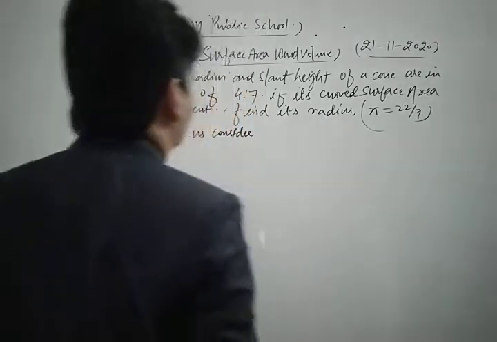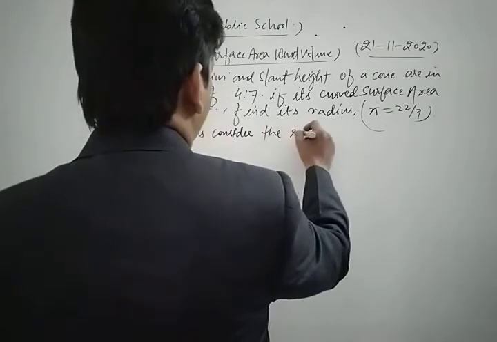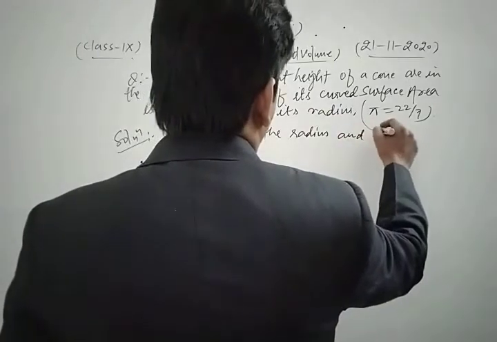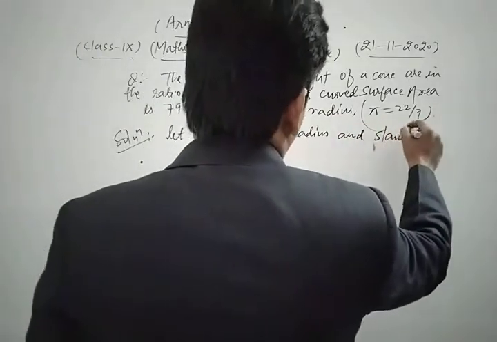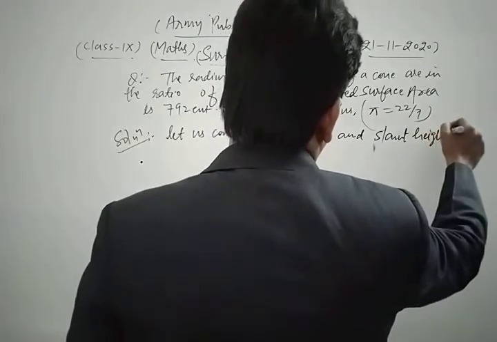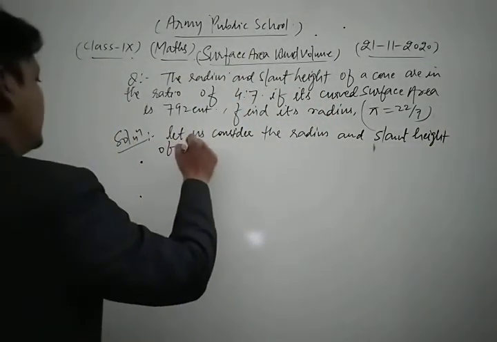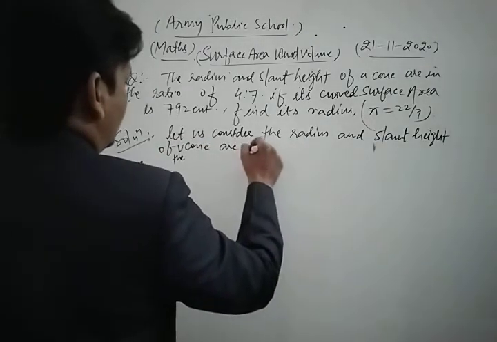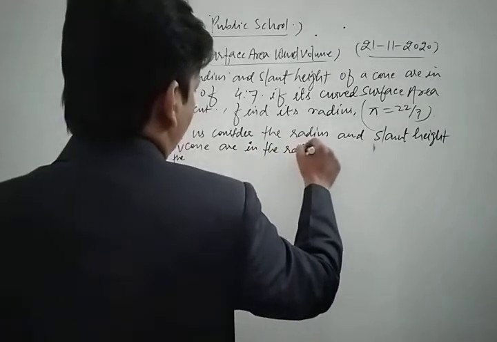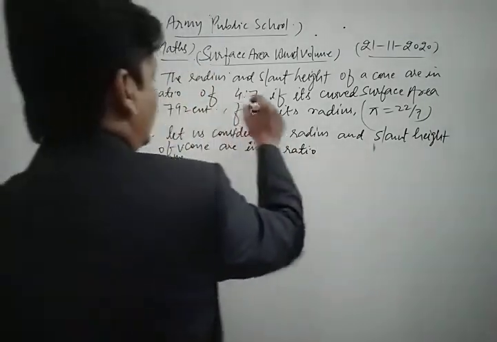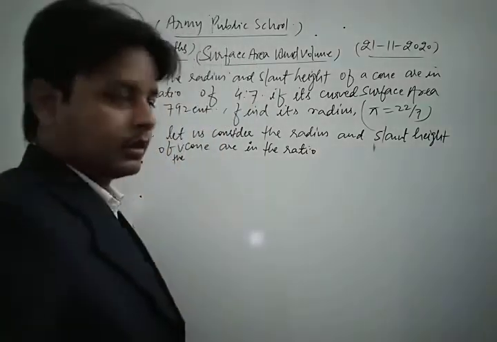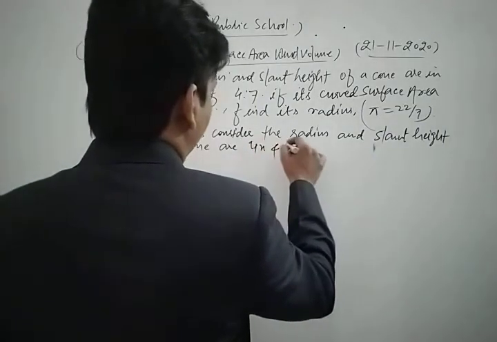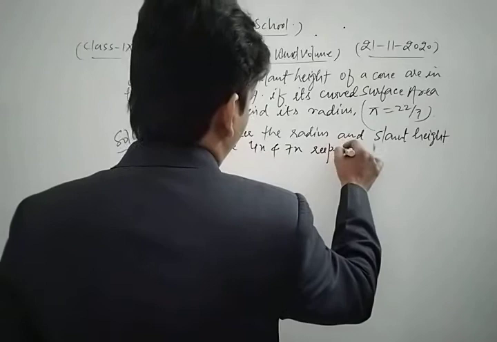First of all, let us consider the radius and slant height of the cone are 4x and 7x respectively.